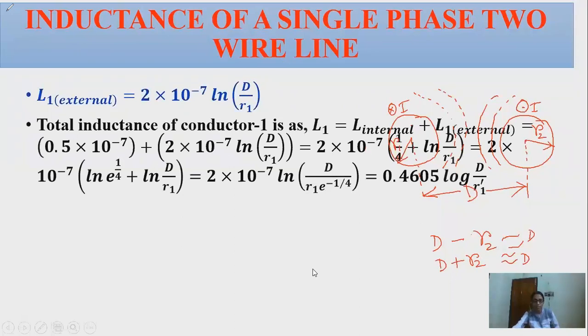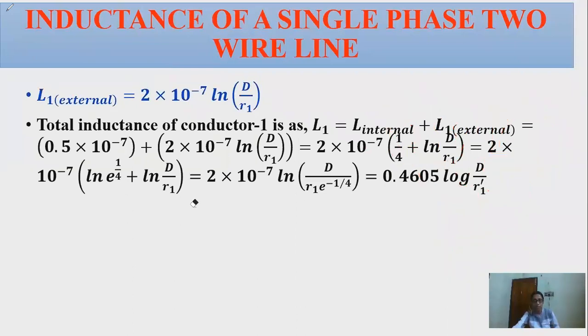Next, the total inductance of conductor 1. The total inductance of the conductor has two parts: one is the internal part, another one is the external part. The internal part we have already derived, that is 0.5 into 10 to the power minus 7, and the other part is 2 into 10 to the power minus 7 ln D by R1.